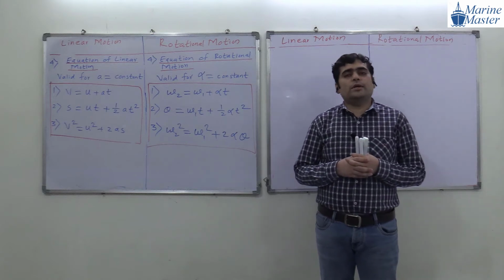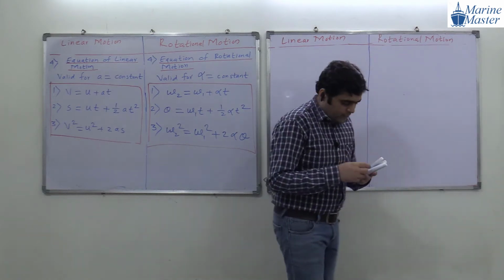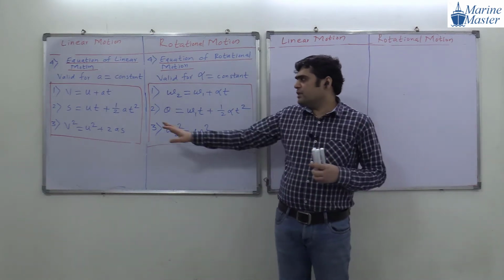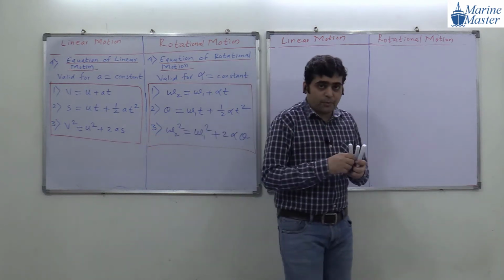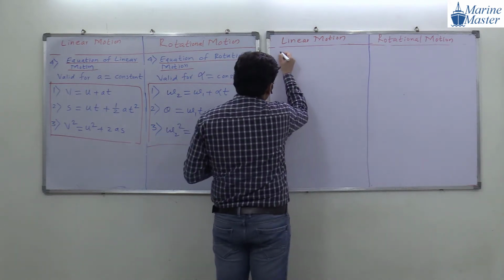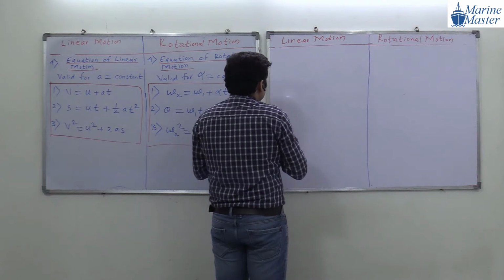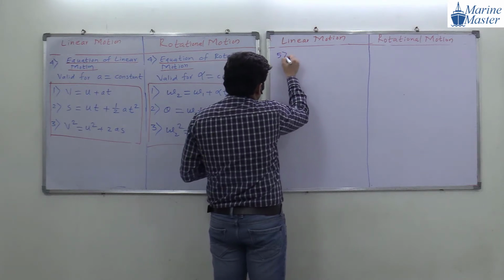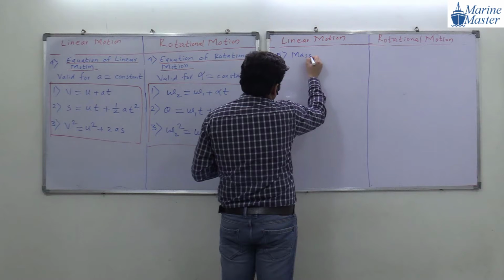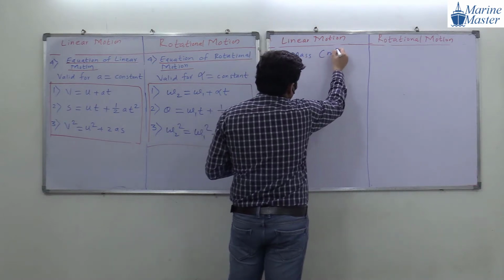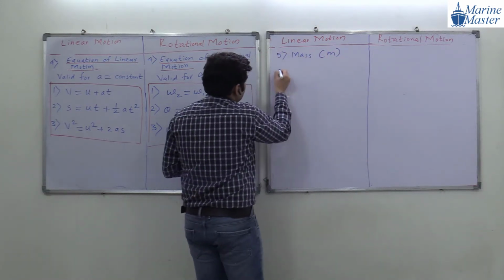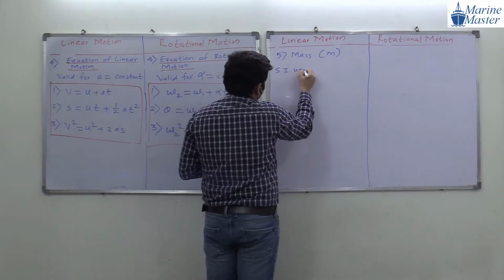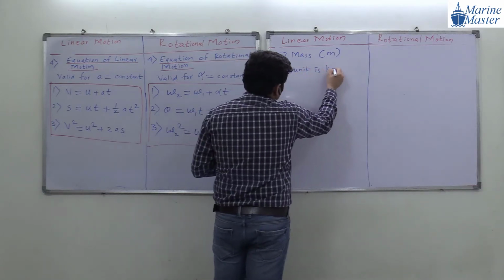Now, what is the next point that we are going to study here? Up till now we have studied four points. Now the fifth point. In linear motion, we are dealing with mass. Mass is denoted by small m, and the SI unit is kilogram.